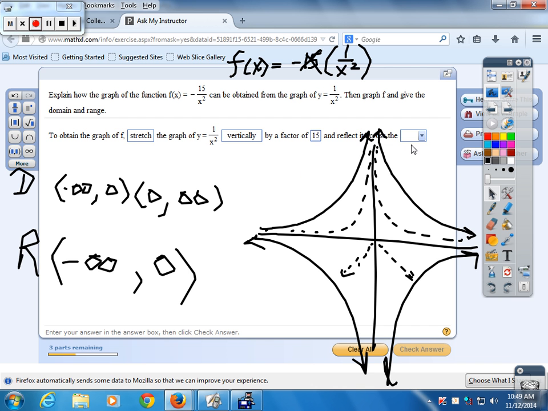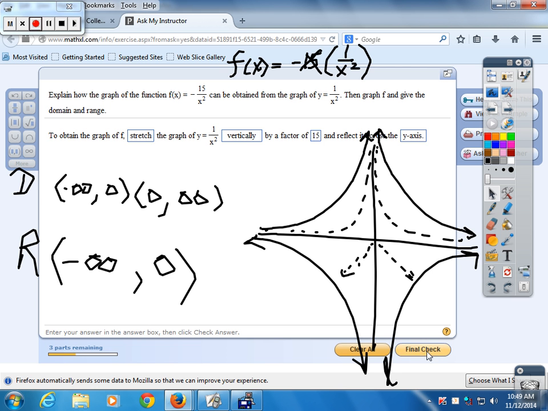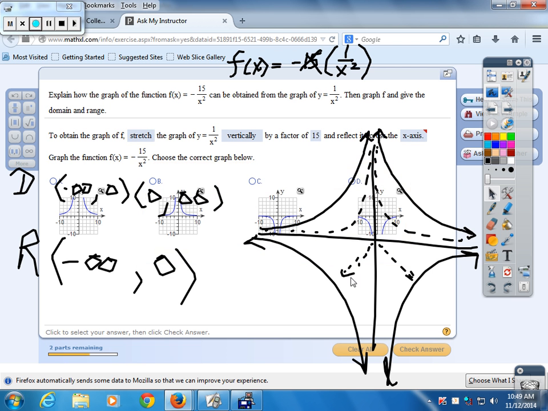And negative, reflect it around the y-axis. Now, that's what I would do. But when you flip it over the x-axis. Now, what did I get wrong? Exactly. I thought it was asking about symmetry.